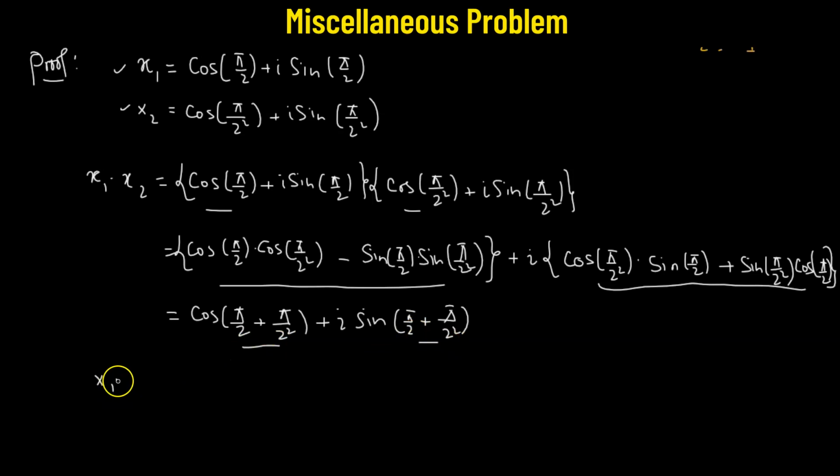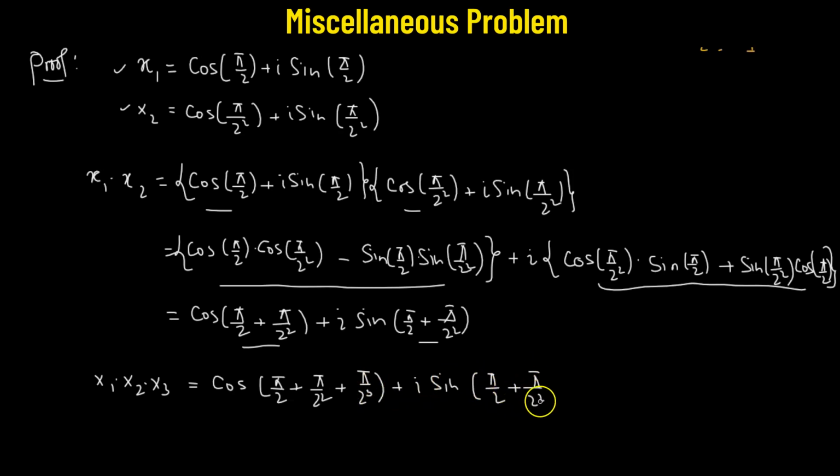So that means if we had x1 multiplied to x2 multiplied to x3, this is going to give us cosine of pi over 2 plus (pi over 2) squared plus (pi over 2) cubed plus iota times sine of pi over 2 plus (pi over 2) squared plus (pi over 2) cubed.